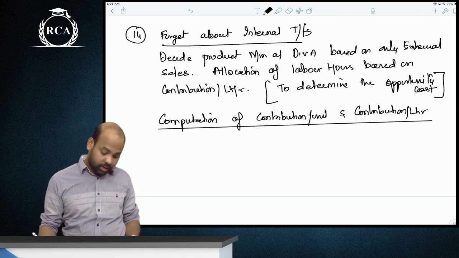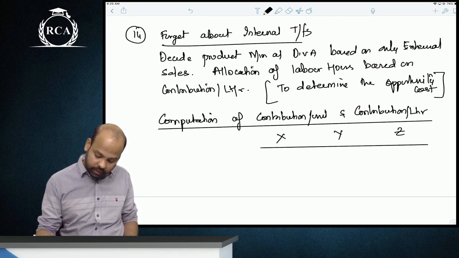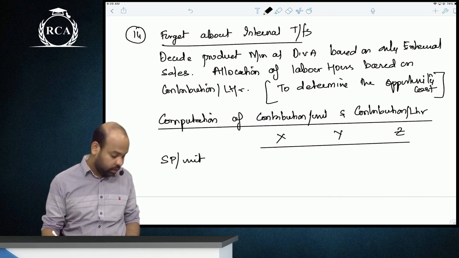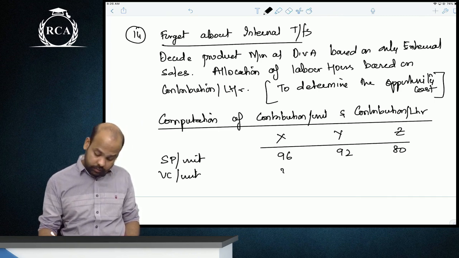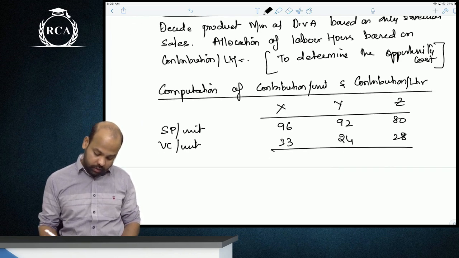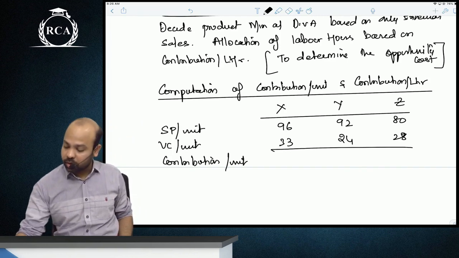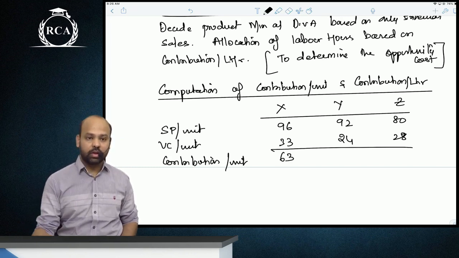Three products, X, Y and Z. Here you see that your selling price per unit is 96, 92 and 80. Variable cost per unit is 33, 24 and 28. So the contribution per unit for X would be 63 rupees.